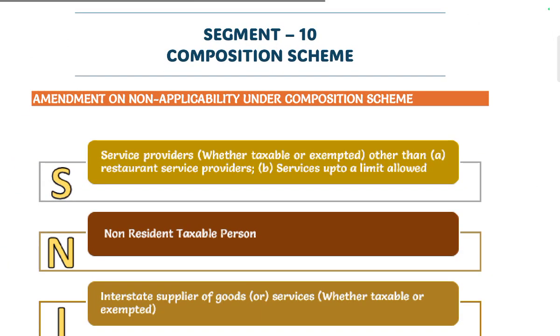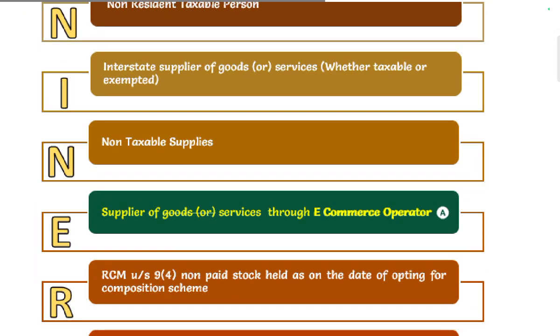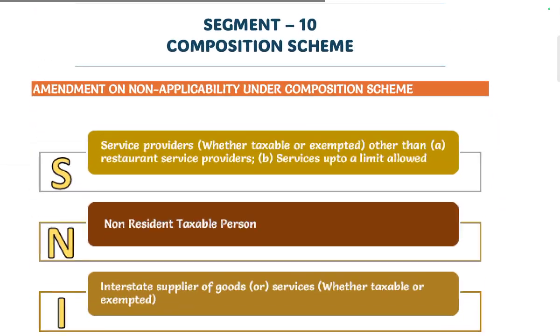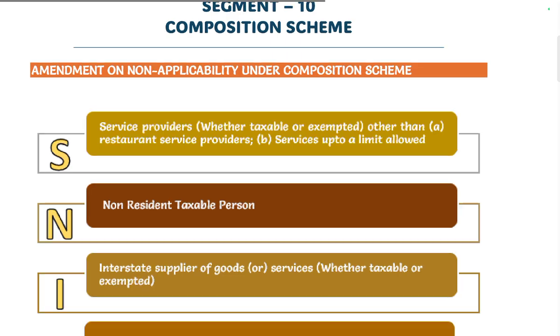Composition scheme: amendment on the non-applicability of the composition scheme. It is not available for a person providing services, whether taxable or exempted, other than restaurant service, except services up to the limit allowed.